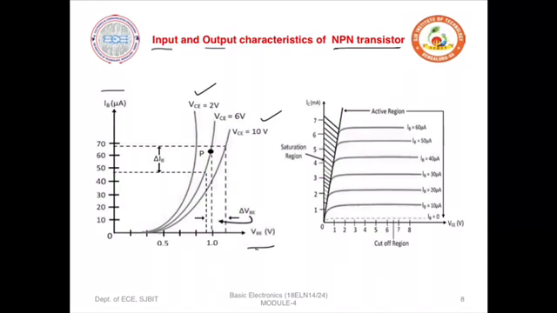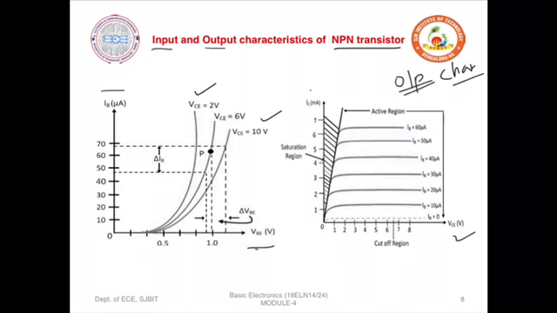Now there is one more characteristic displayed in the slide. This we call the output characteristic. In this output characteristic, the VCE is plotted against IC. The VCE is the collector to emitter voltage and IC is the collector current, which is in the order of milliamps.